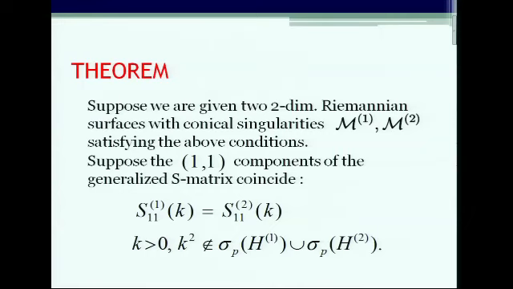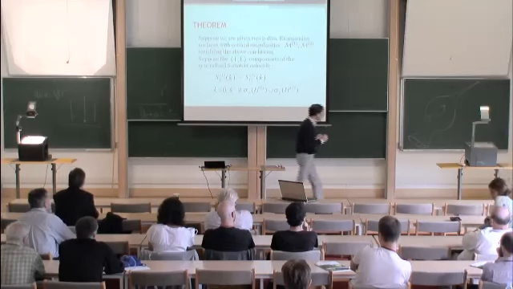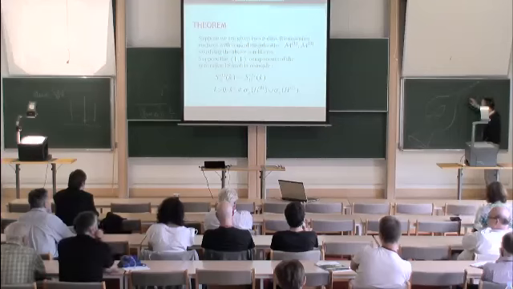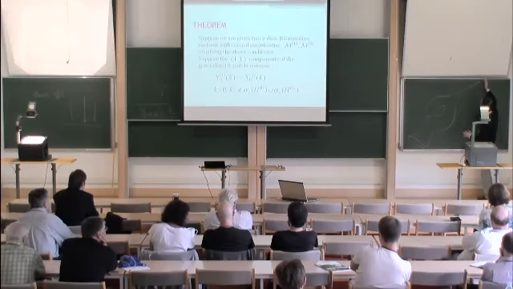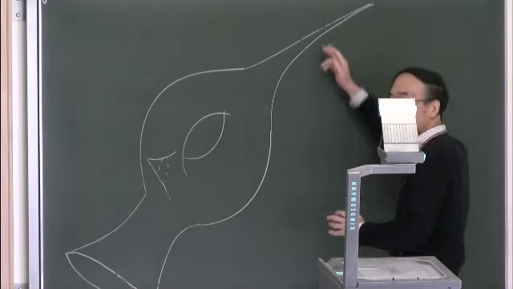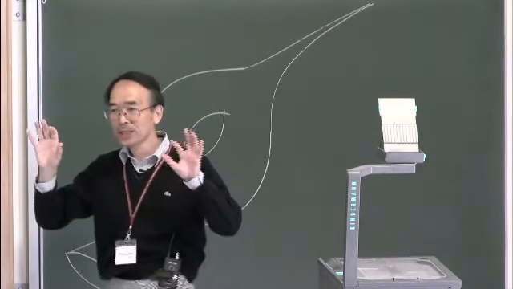Then, the theorem is as follows. Suppose you are given two such manifolds with cusps, and suppose you are given two generalized scattering matrices. And suppose one component coincides, which means that you send an exponentially growing wave from here, and you look at the reflected exponentially decaying wave here. Suppose that this one component of the scattering matrix coincides.